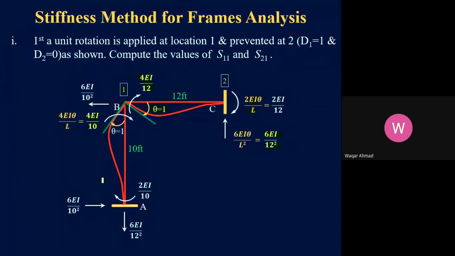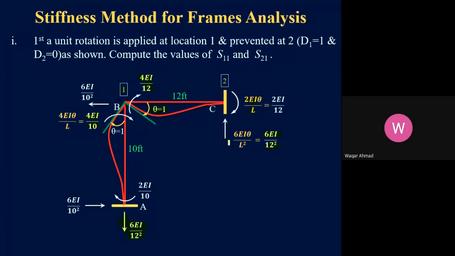And now, where is this vertical reaction coming from? This vertical reaction is coming from this member, member BC, in fact. How? We know that this is 6 times EI divided by 12 square, and here at this end, we also have 6 times EI divided by 12 square.